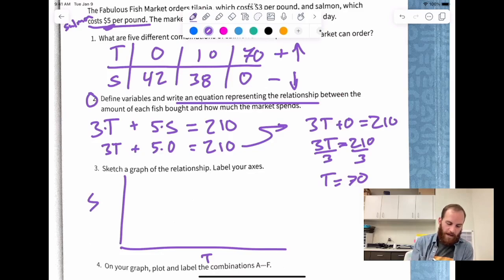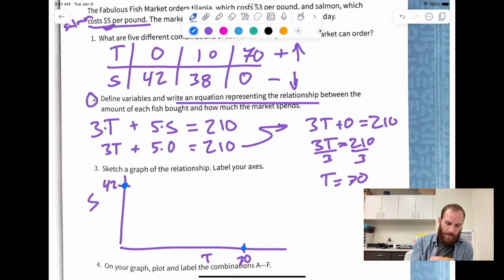Salmon, if we graph 42 and 0, that would be this point here. That's a point on the graph. 70, I'll put 70 here. 0 pounds of salmon, 70 pounds of tilapia, we have there.